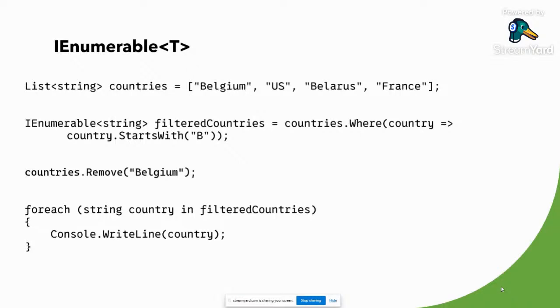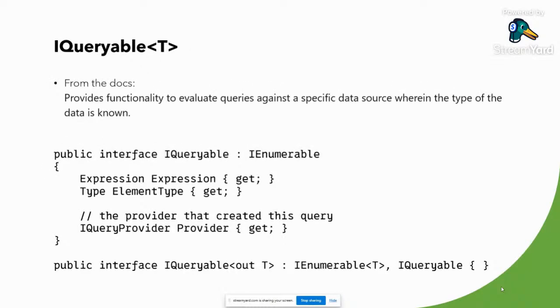At this point, filtered countries is just a query that's not been executed. Then you change your data source by removing an item, and then you execute the query. That's how you need to look at it. Why do you execute it? Because you're looping over it. The foreach will trigger the execution of the query. Another way to trigger it is that filtered countries will have a .ToList extension method that will do the same thing. Thank you. No problem.